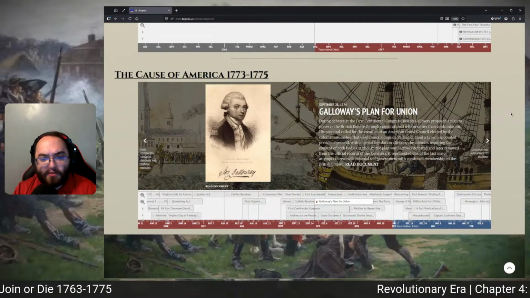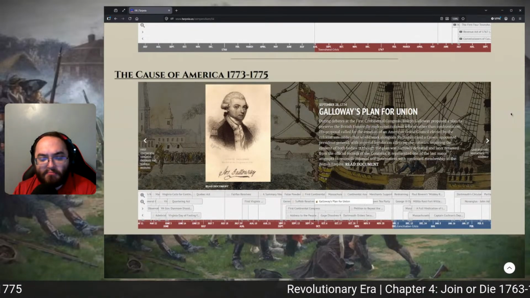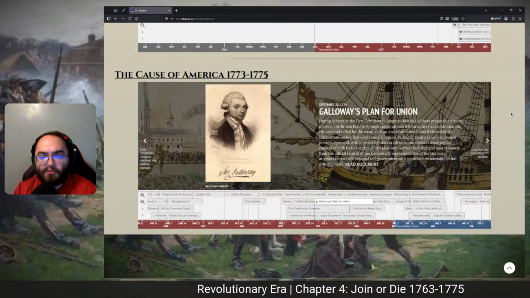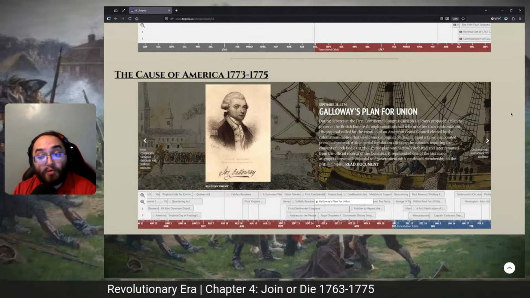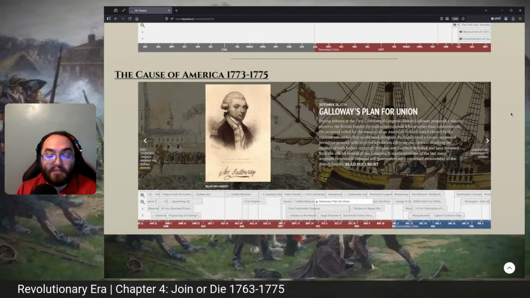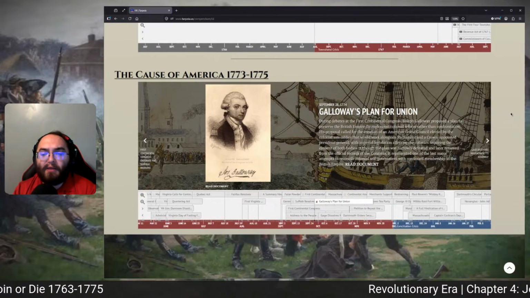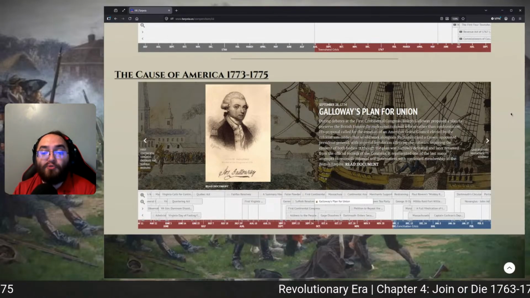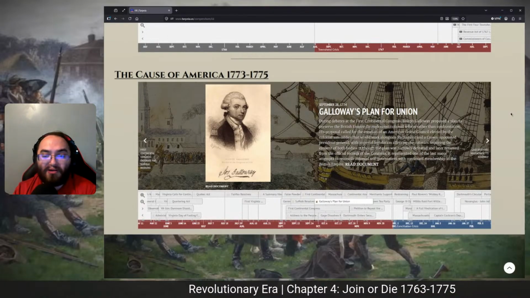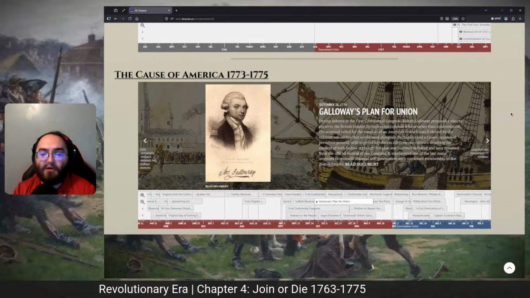This is Galloway. He is a member of the First Continental Congress, Joseph Galloway. He is a loyalist, so he does not join the Patriots when the Revolution happens. He proposed a plan to preserve the British Empire through constitutional reform rather than confrontation.